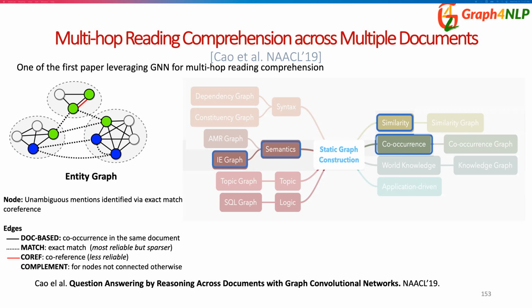Then it also applies an out-of-the-box coreference model to identify the correct relationship between the nodes, and finally introduces another edge called complement. For nodes that are not connected with each other, they also have this complement edge, which is not shown in the graph for simplicity.